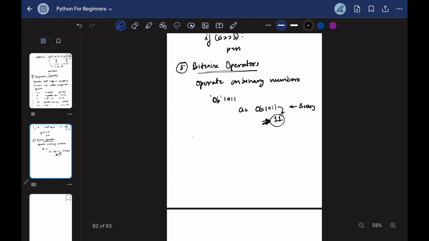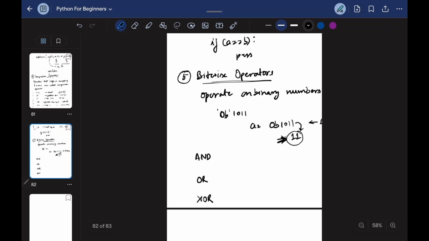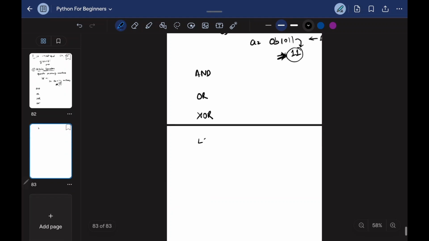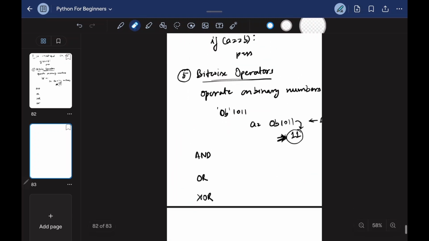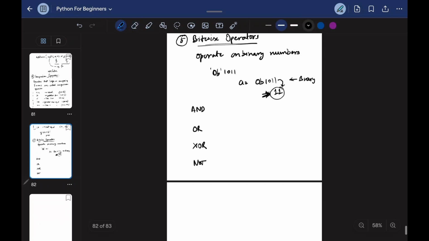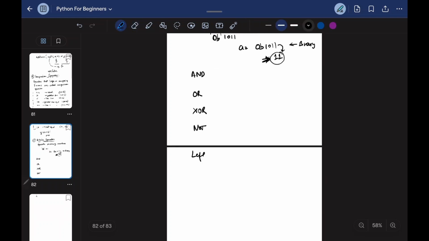We have AND, OR, XOR, NOT, left shift and right shift. I'll tell you about all of these one by one.